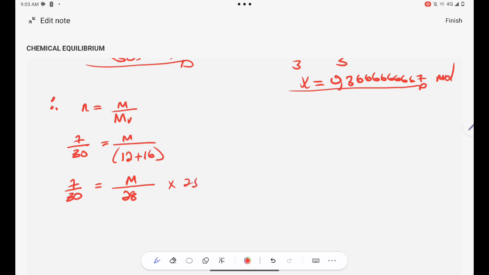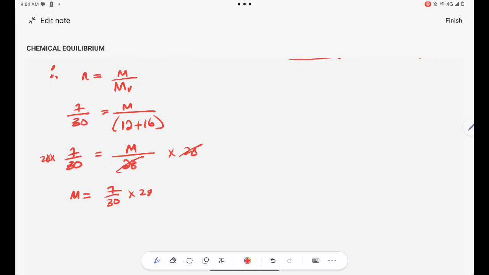If I just multiply both sides by 28, this will cancel with that one. Therefore, m will be equal to 7 over 30 times 28. And then the mass of my carbon monoxide gas present at equilibrium is 6.53 grams.